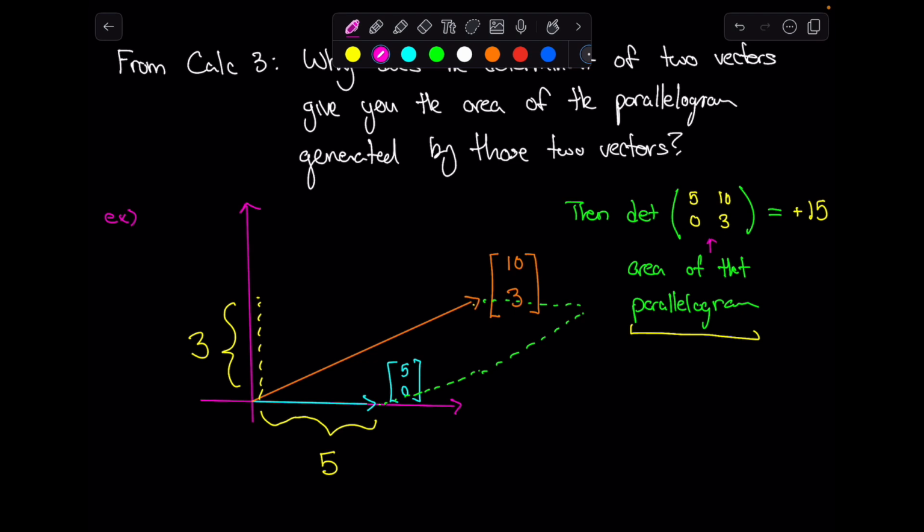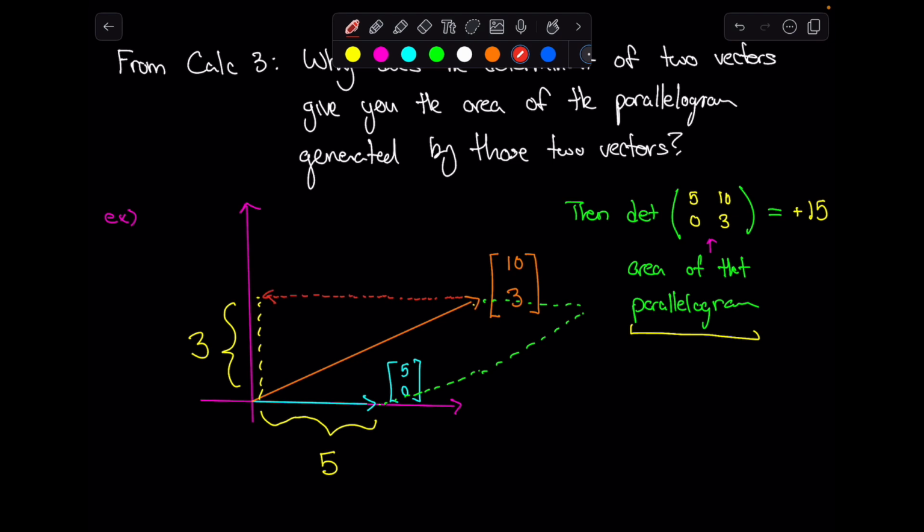And so the idea is, how do you show why this works? Why does this give us an area of 15? It turns out that all we need is the height of this parallelogram, so what I can do is take this orange vector here and add some multiple of that blue vector to it.